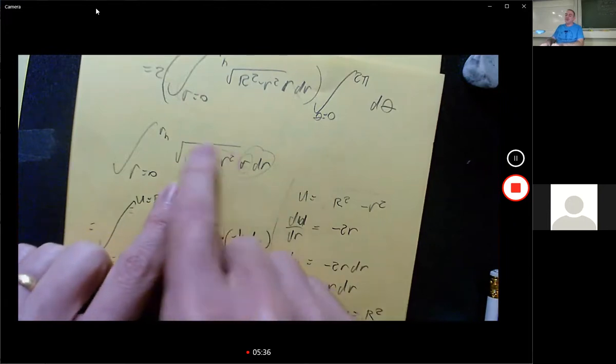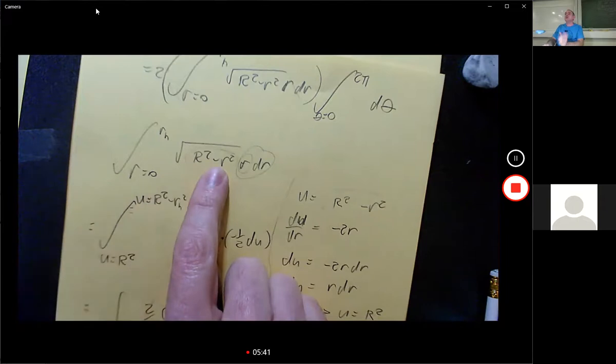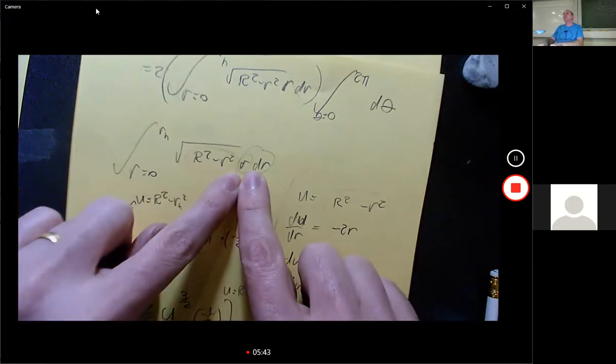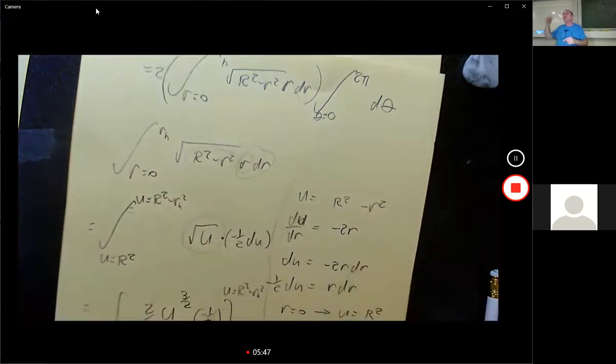So if I differentiate this thing, I'll get minus 2R, which is only a constant multiple off from just R. And so I called U this thing, which says to me that I probably could have parameterized space differently in the first place.